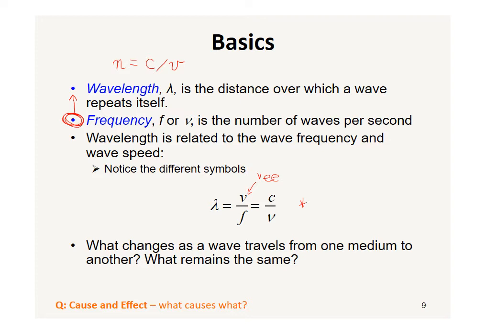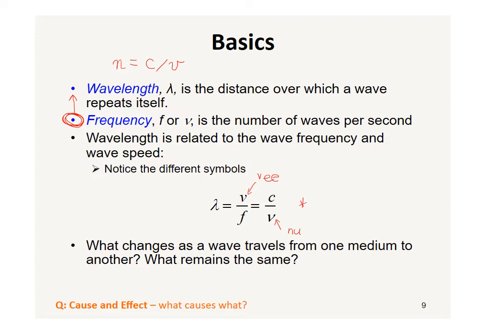Now, why am I doing this? I am not trying to trick you. I'm trying to prepare you for the fact that sometimes textbooks use the Greek letter nu to talk about frequency. So these equations are exactly the same.